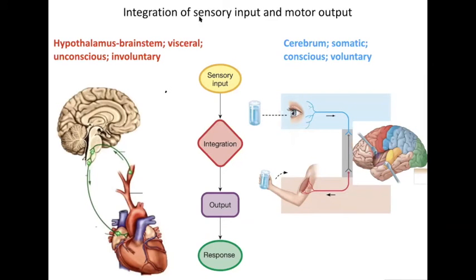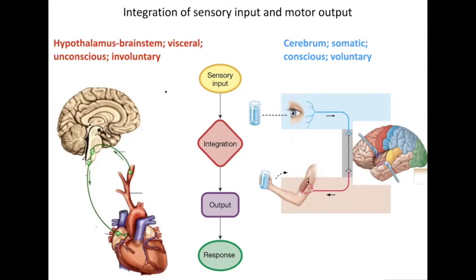So integration, either in your brain or your brainstem, of sensory input, whether that sensory input is stuff we're conscious of or stuff like blood pressure that we're not conscious of. And then there's going to be integration again in the cerebrum, maybe because we can analyze what this is and incorporate it into our particular state of thirst or knowledge about this glass of water, all that complicated stuff.